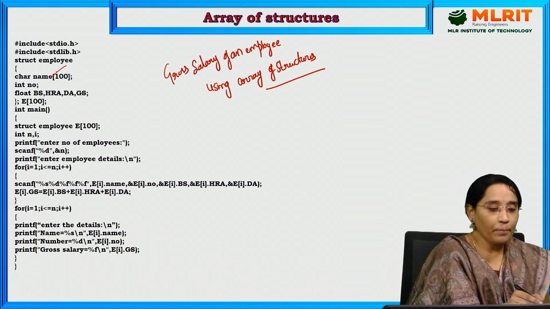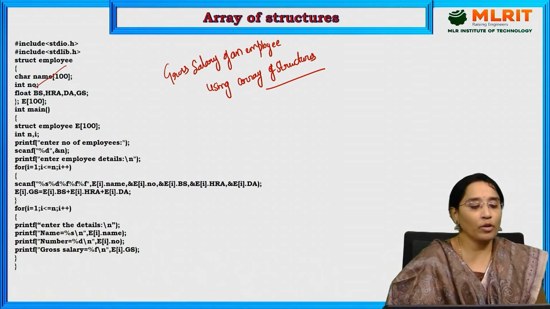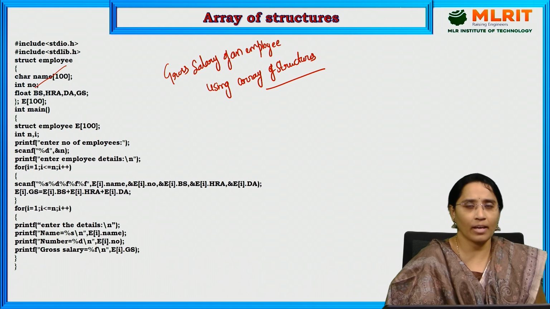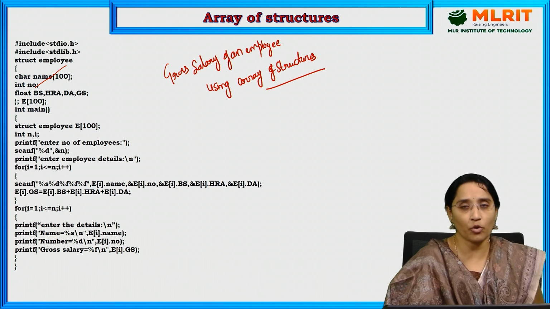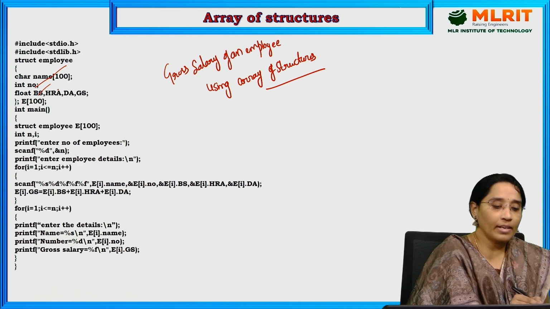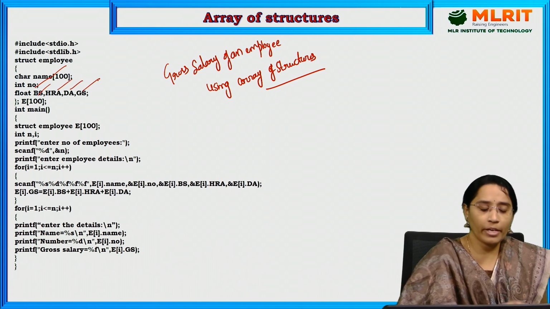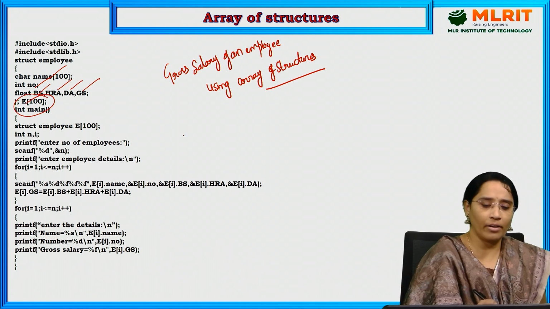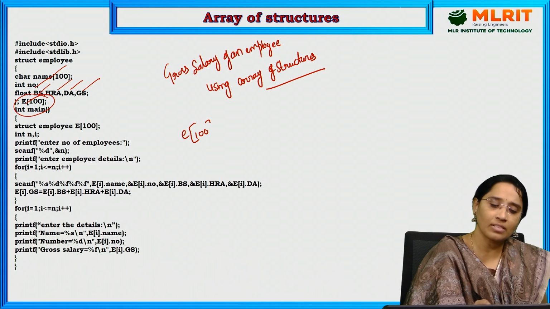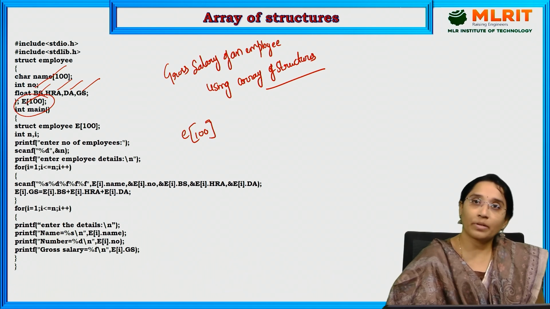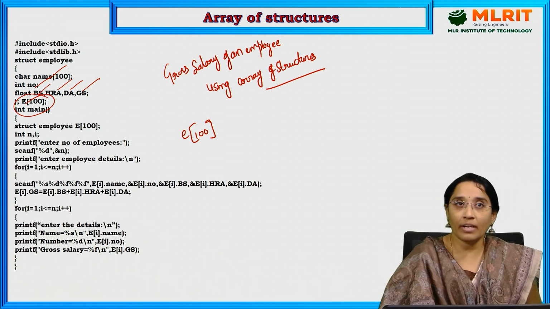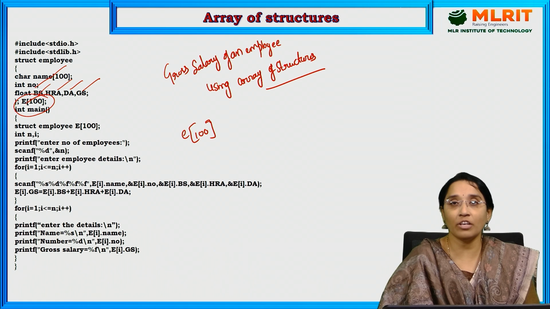So name, roll number and gross salary of an employee consists of basic salary, HRA, DA and GS. Generally we have seen this program while discussing sequence programs. So here he has taken E of 100. What does E of 100 represent? It means we want to calculate the gross salary for 100 employees.